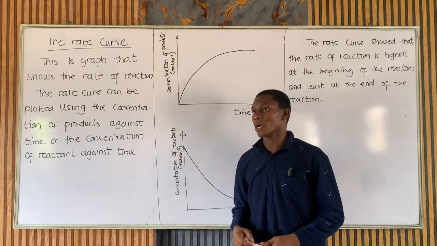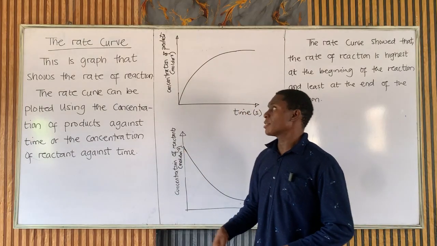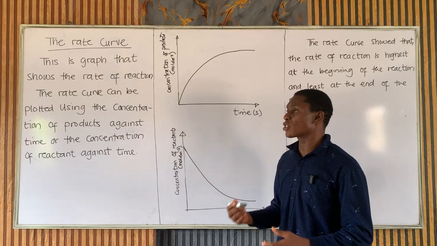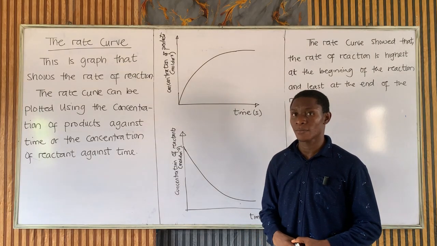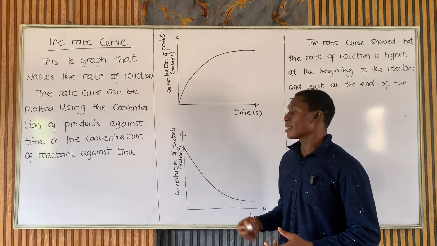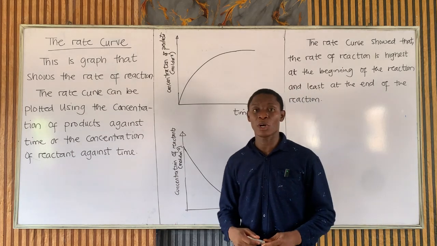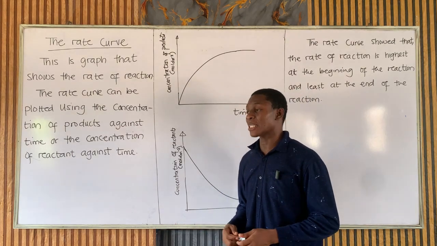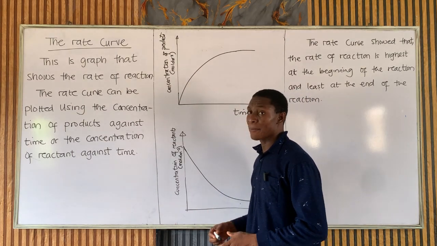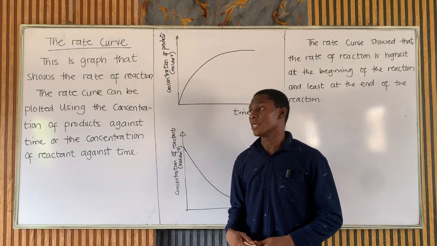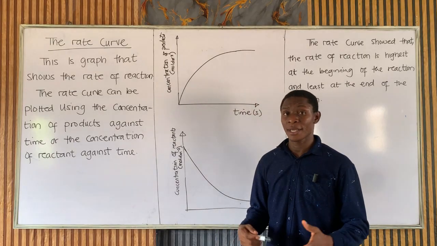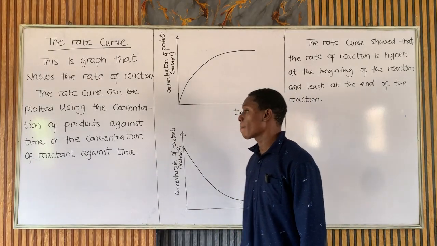The rate curve. The rate curve is a graph that shows the rate of reaction. It can be plotted using the concentration of the reactants against time, or using the concentration of products against time.